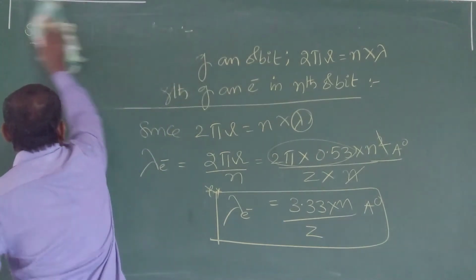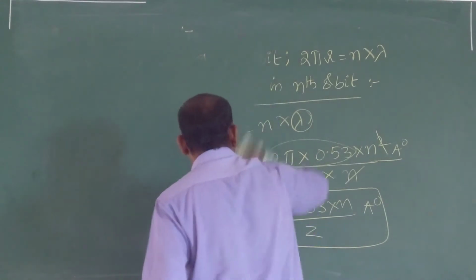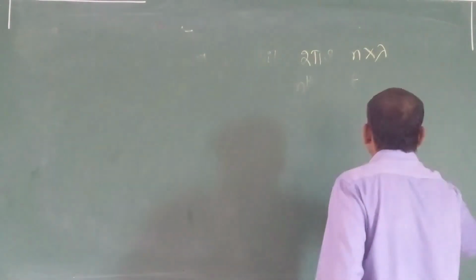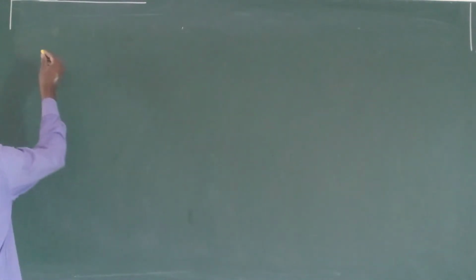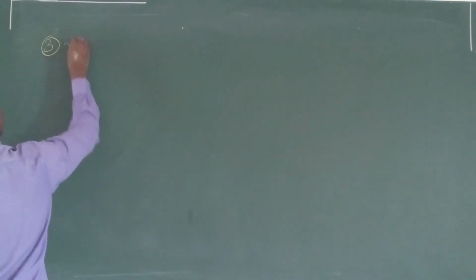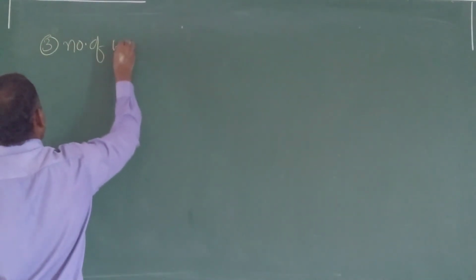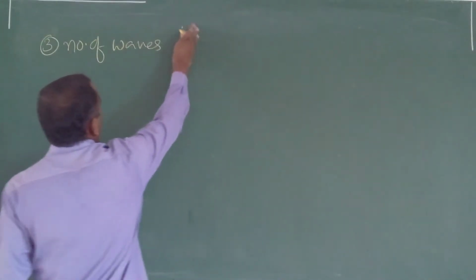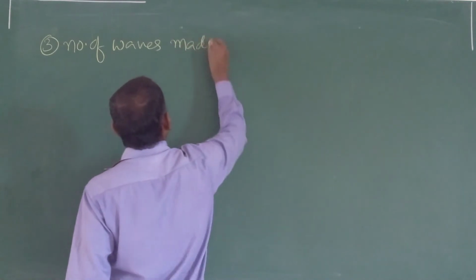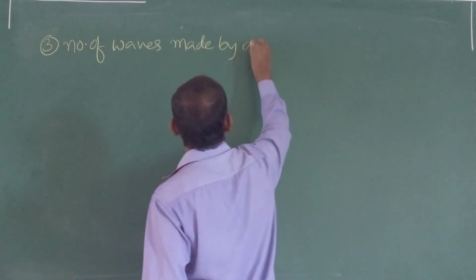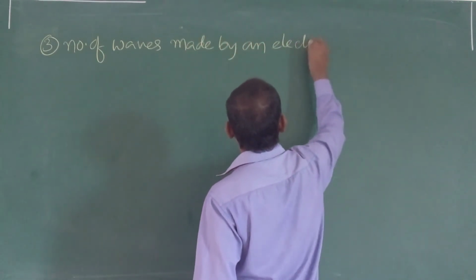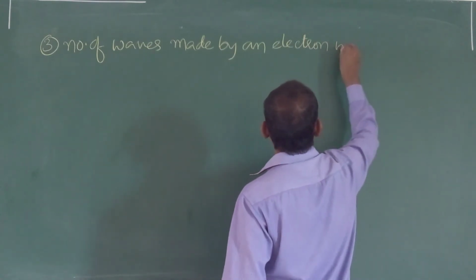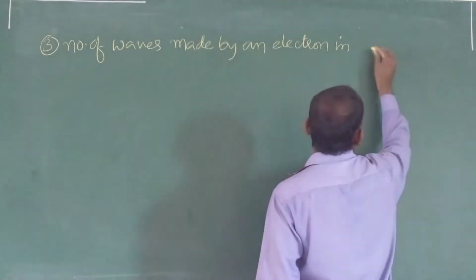Next, third one, number of waves made by an electron in nth orbit.